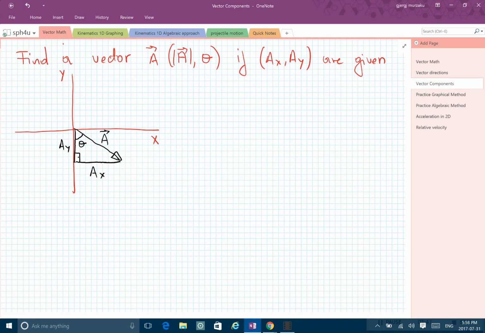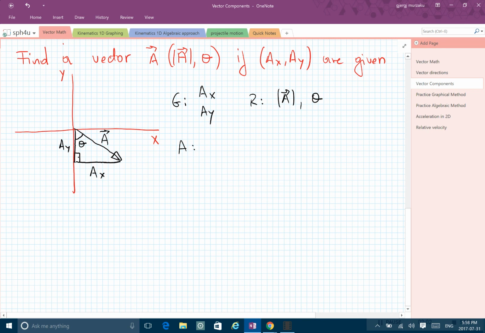So remember, if given is AX and AY, then required is A, the magnitude of A, and the angle theta.